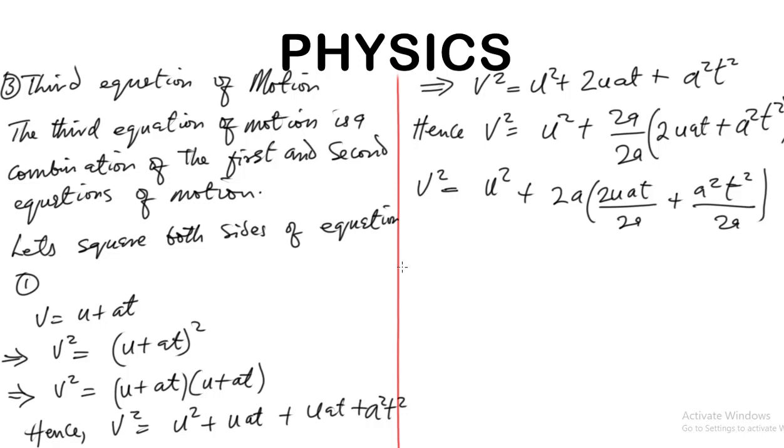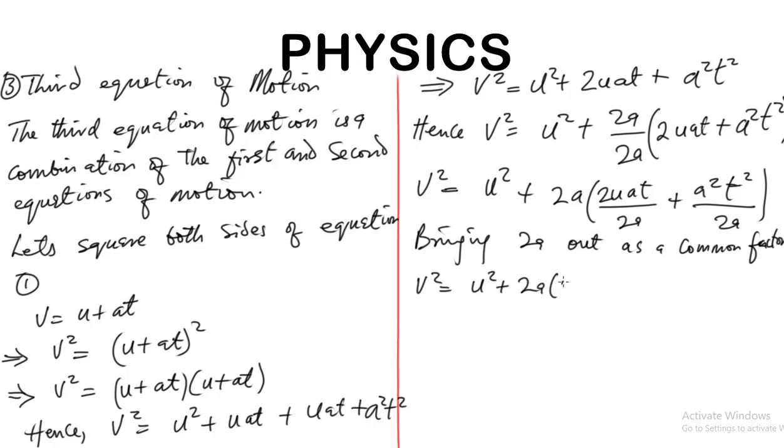We cancel out by 2a, bringing 2a out as a common factor. v squared will give us u squared plus 2a bracket ut plus half at squared.